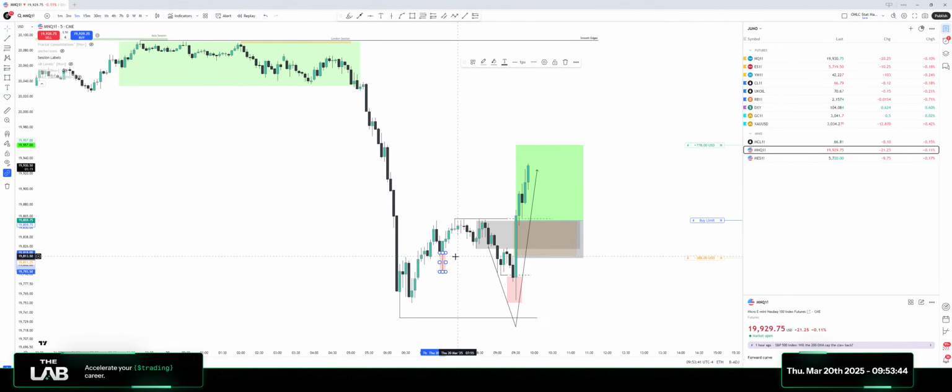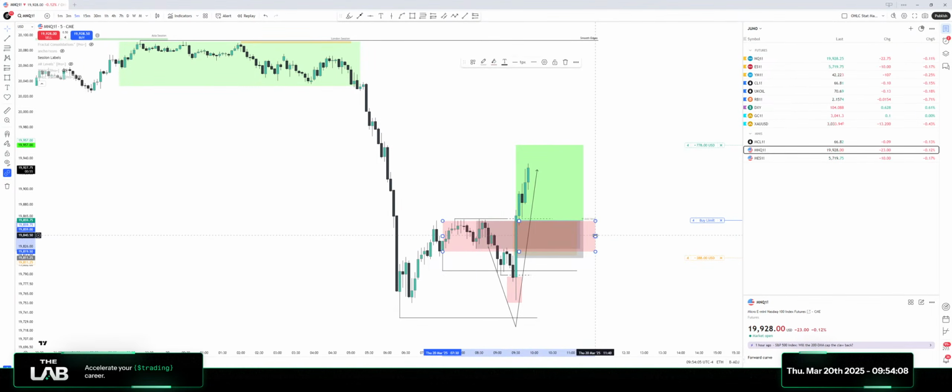I could have used this sweep and all of these candles for the breaker, but again I don't want to use that wick, so it made sense to just use these candles here instead of these ones.